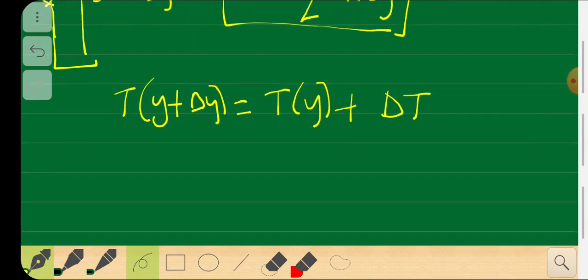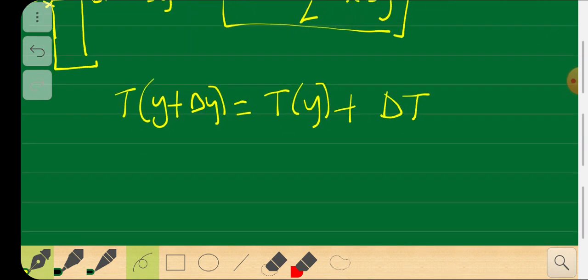So now we can write down the equation. Let's look at the equation of force here.